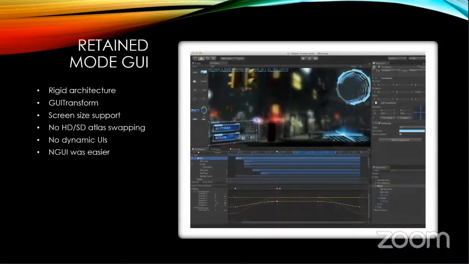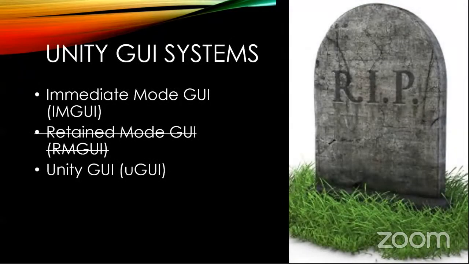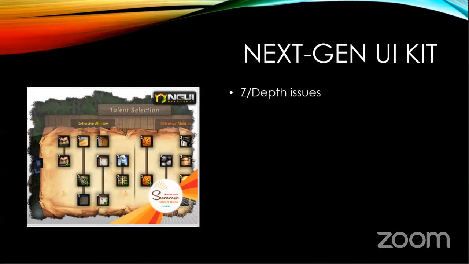So this NGUI that I was talking about earlier, that user-made NGUI, is called Next Gen UI Kit. All right, and the number one reason many people find NGUI difficult to get into was because of its depth issues.